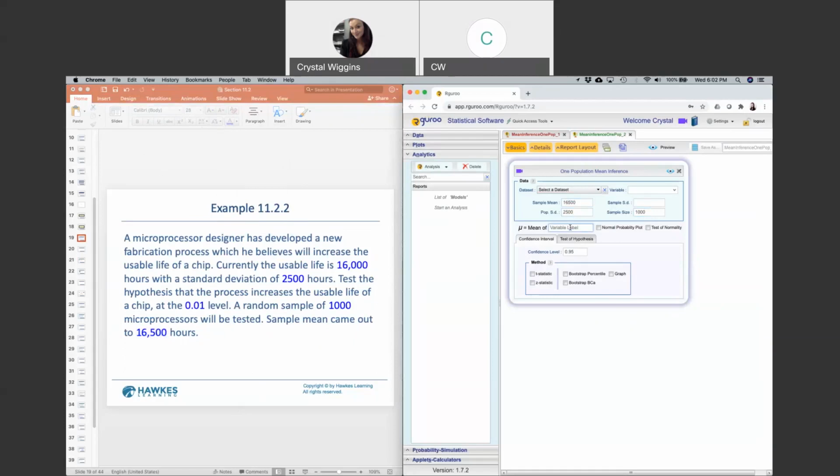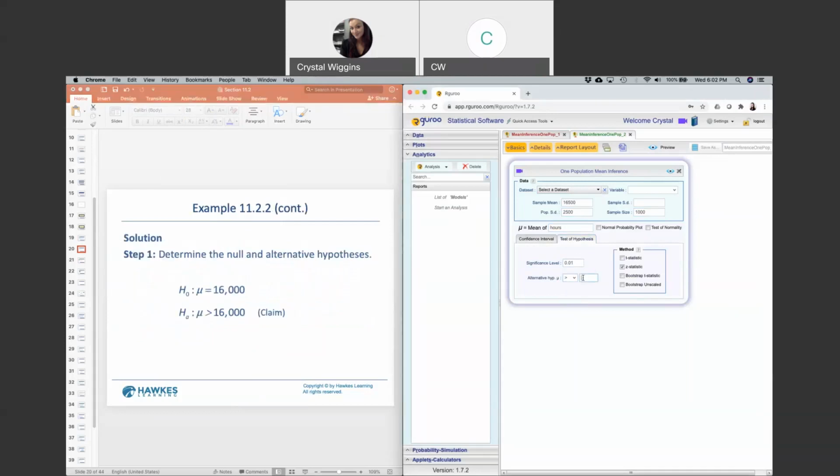The variable name is, we're talking about hours. And we're going to the test of hypothesis tab. A level of significance was chosen at 0.01, with our alternative being a greater than sign, greater than 16,000. We are using a Z because we have a large enough sample size and we have our population standard deviation.